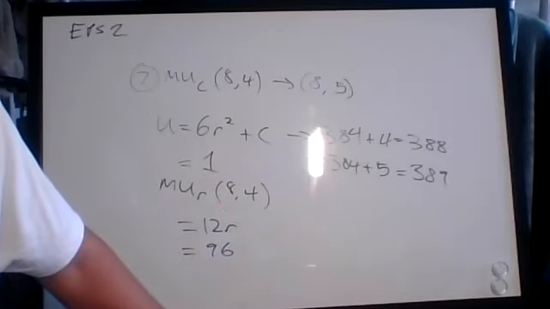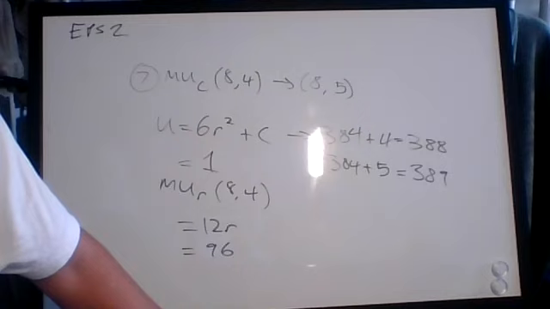If we were to sacrifice 1 item of chicken, we would need 12 items of rice to stay on the indifference curve, right? So that depends on how much rice you already have, because it depends on where you are along your consumption of rice.